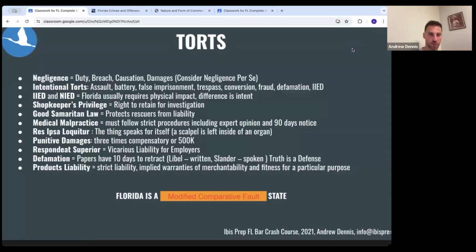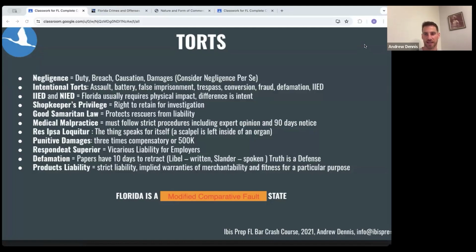So res ipsa loquitur, the thing speaks for itself. I think that the thing speaks for itself means that in the absence of negligence, this wouldn't have occurred. So if a pot falls off a balcony, then how else would the pot have fallen if it wasn't negligently put up there?